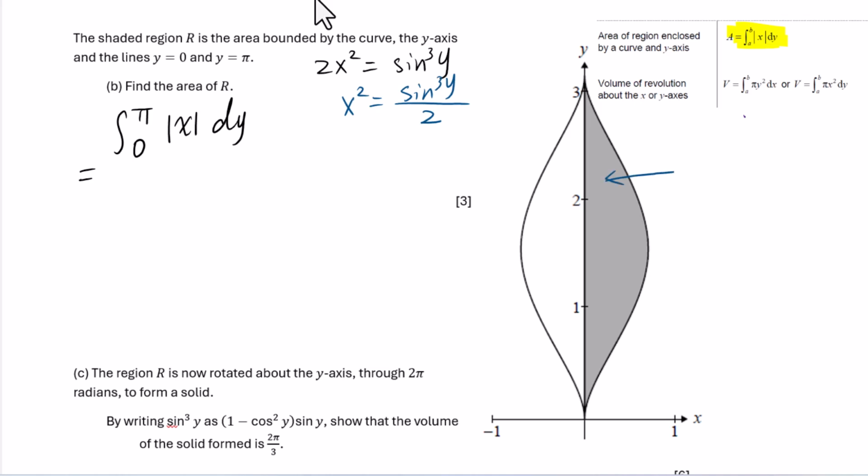Check this shaded area. x is greater than 0. So x equals square root of sine to the third power of y over 2.